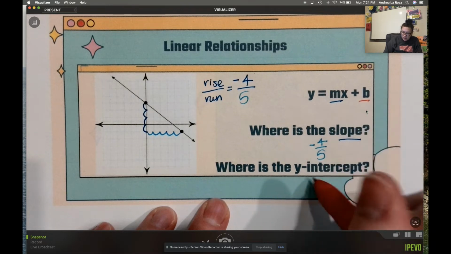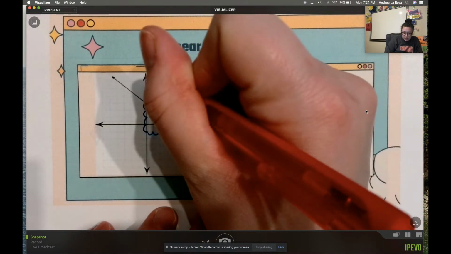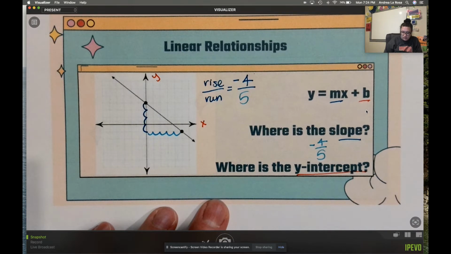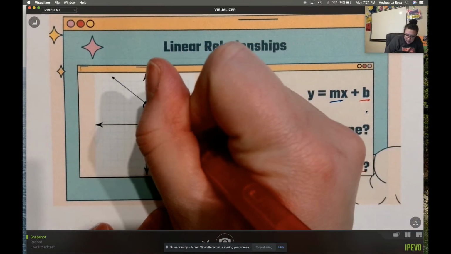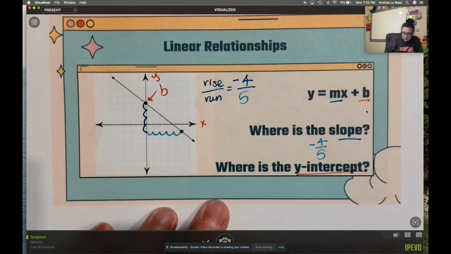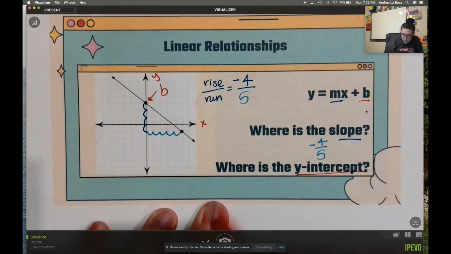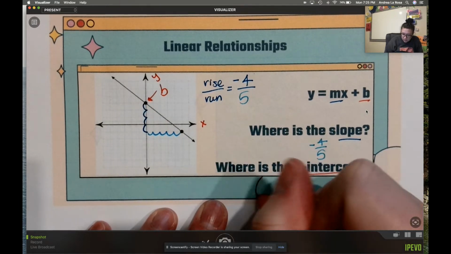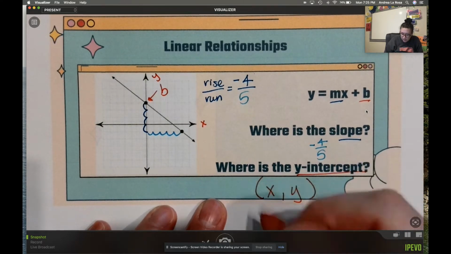My b, my y-intercept, is where my graph crosses the y-axis. Remember, this is my x, but this is my y. So my y-axis and the graph meet at this point right here. But what is that point? That would be 1, 2, 3 for my y. Remember, we write our coordinates x comma y.